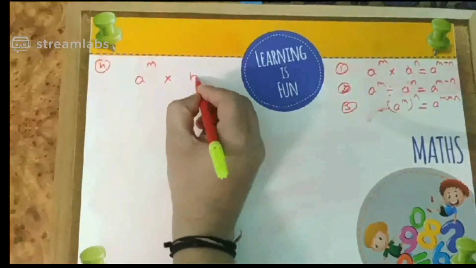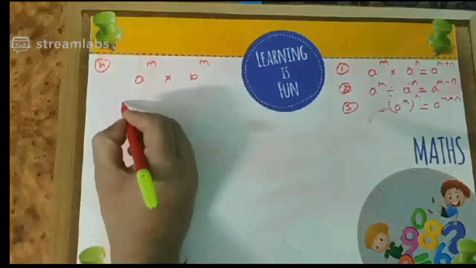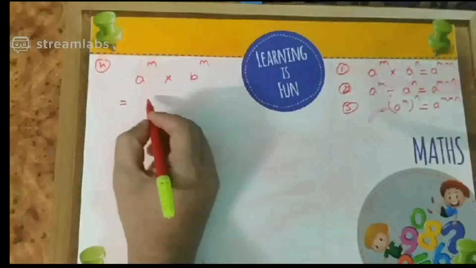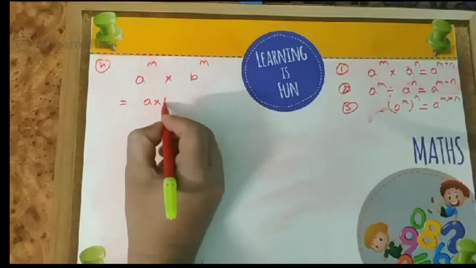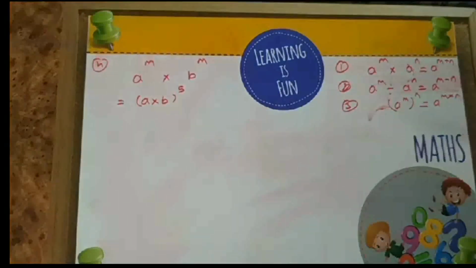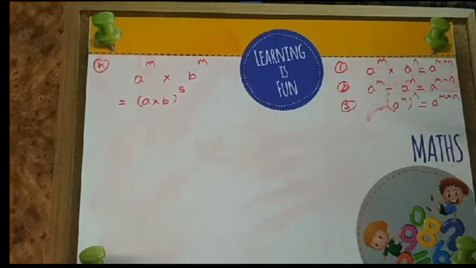Power is the same, so in such a law, where the base is different and the power is the same and we are multiplying both numbers, the base gets multiplied and the power remains the same.